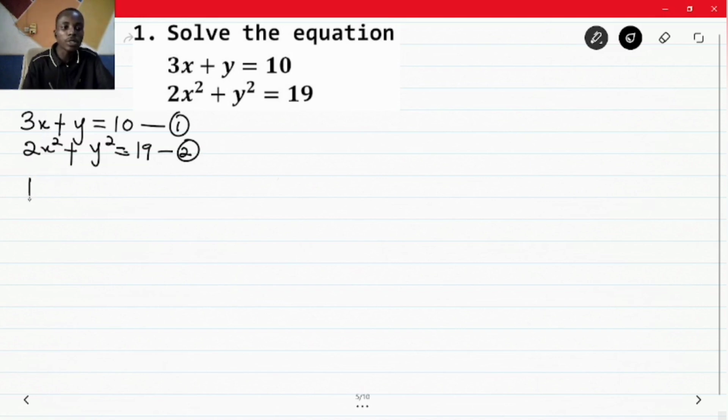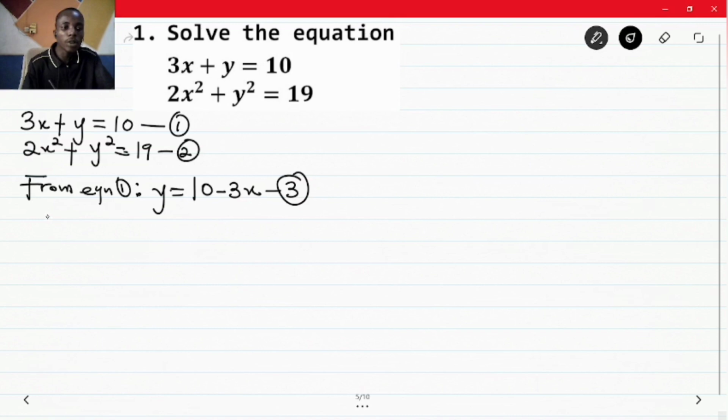So from equation 1, I have y equals 10 minus 3x. I'll call that my equation 3. What I just did is to take 3x to the other side.